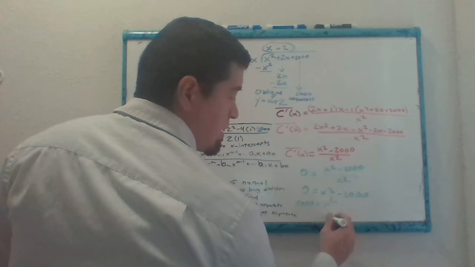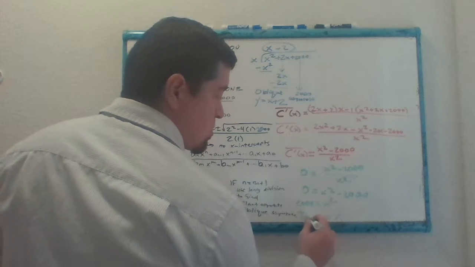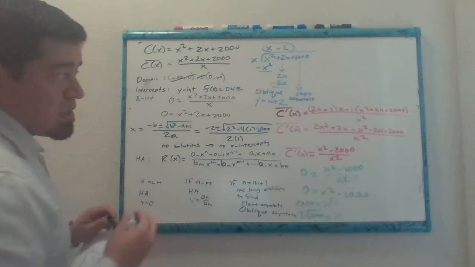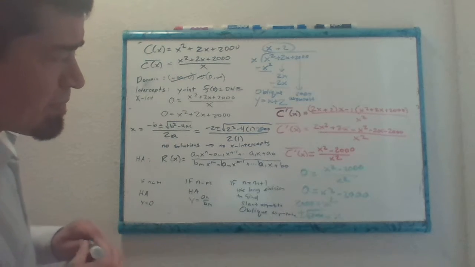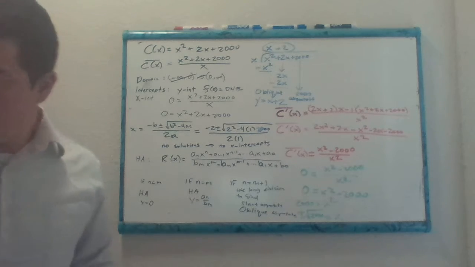Take the square root of that. I'm going to get x equals plus or minus the square root of 2000. Those are my critical points.